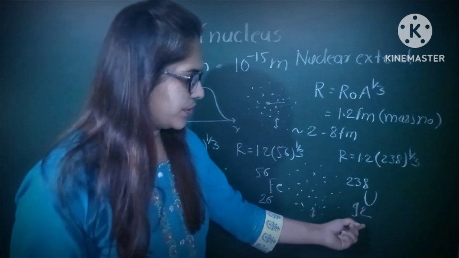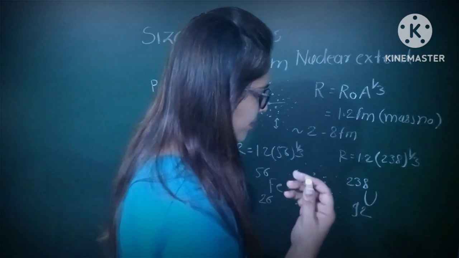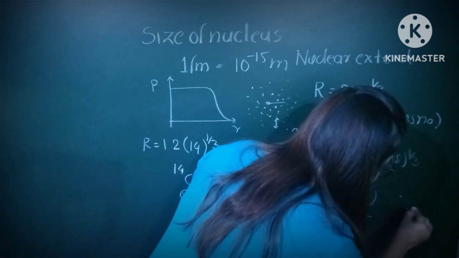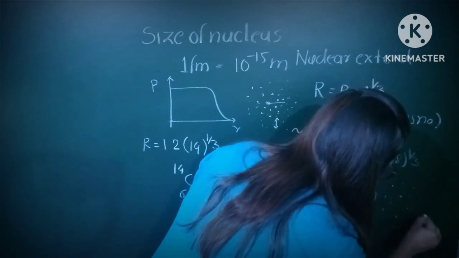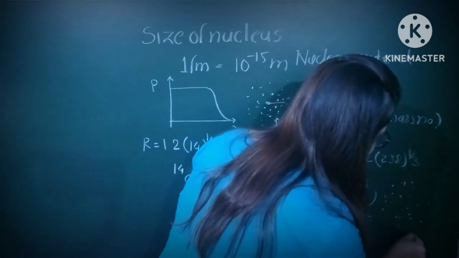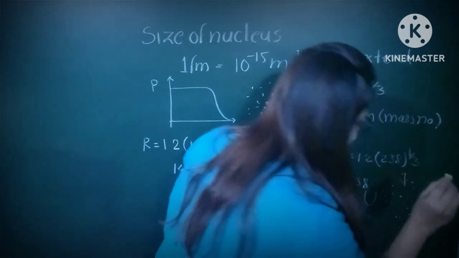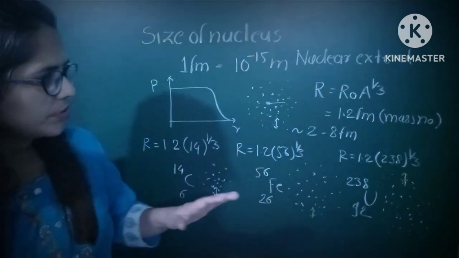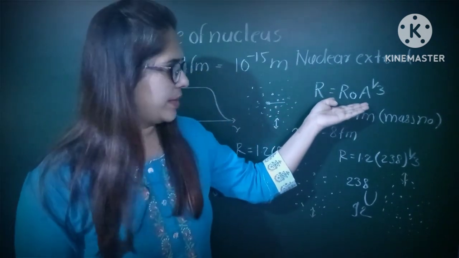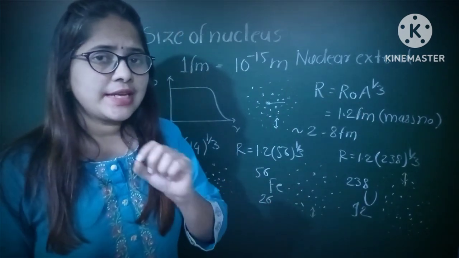The same will be the case for uranium 92, 238: the inner core will be bigger, but the outer shell will remain constant. So by using the formula R equal to R naught A raised to 1 by 3, we can evaluate the nuclear radial extent.